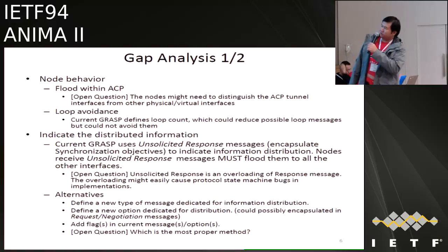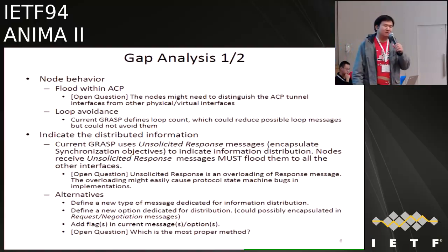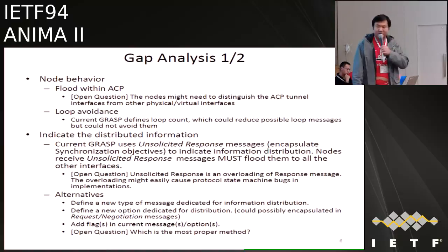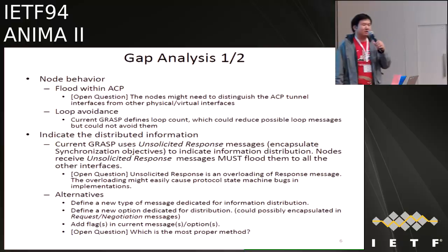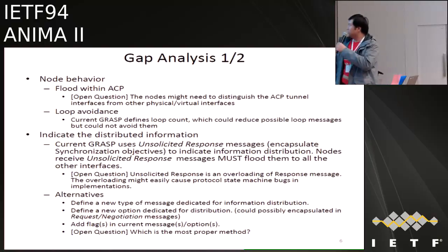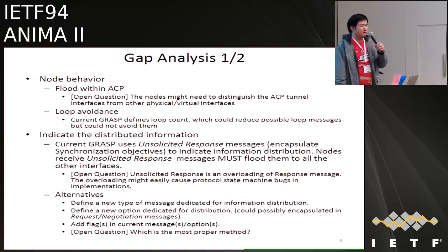So we listed some alternatives. We can define a new message instead of overloading the current response message, and this message is dedicated to information distribution. We can also define a new option dedicated to distribution. These options could possibly be included in the request or negotiation message.